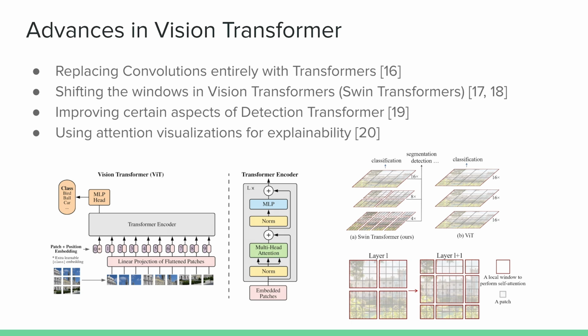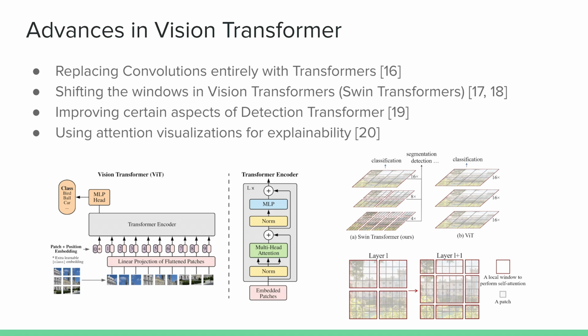The idea here is that you're not only cutting the image into patches, but you actually form a kind of hierarchy, and depending on the layer you are in, you shift those windows and scale them accordingly to allow the network to see, and information to flow, across boundaries of those image patches from the previous layer.